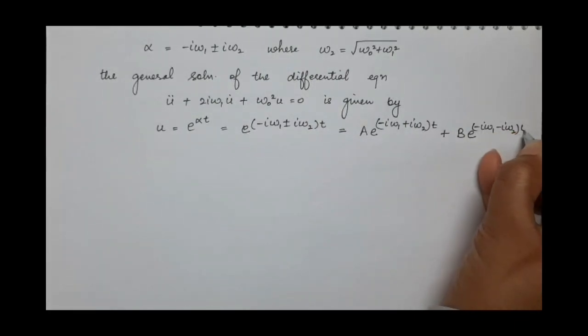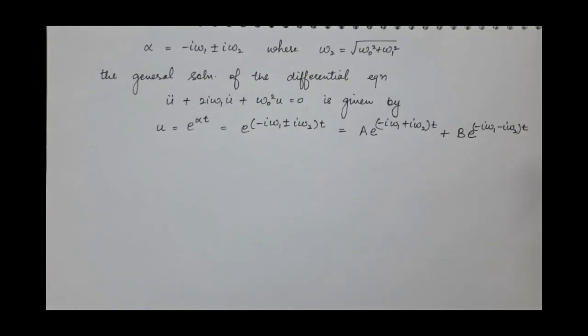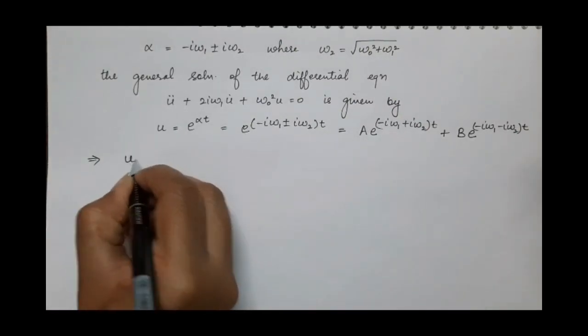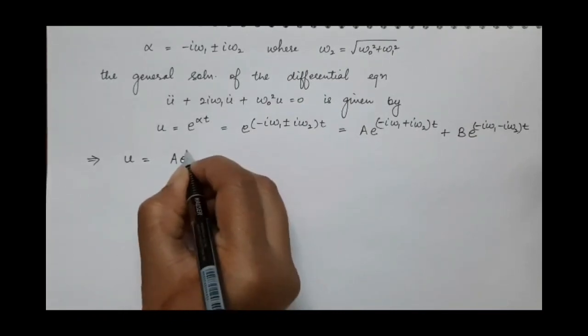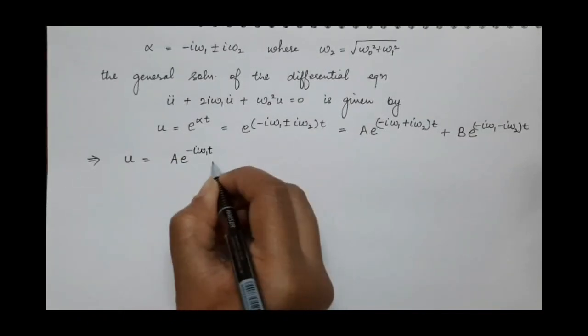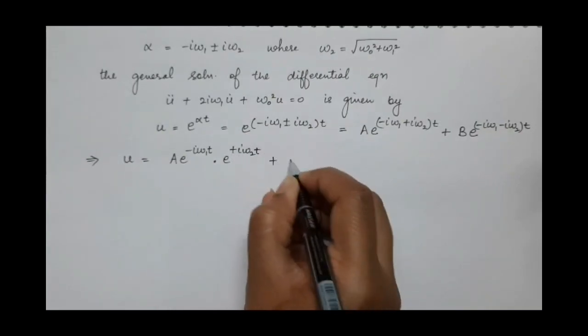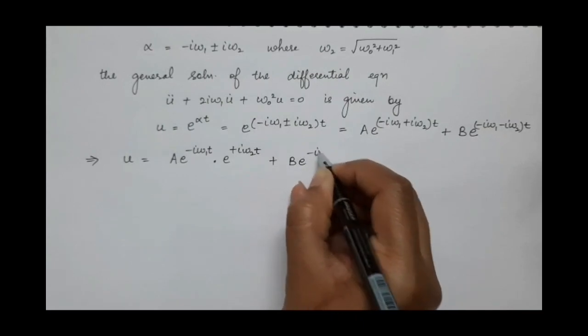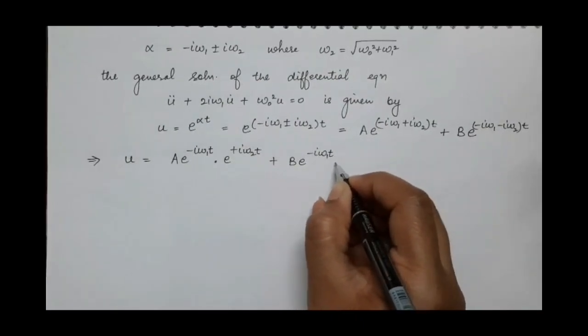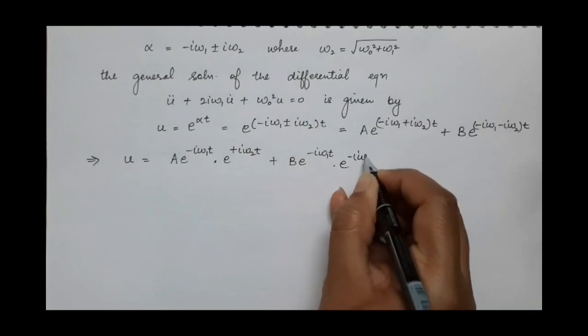This is the same way you have written the linear combination of two solutions in the solution of the simple harmonic equation in case of pendulum in waves and vibrations. So it will become u is equal to a e raised to power minus iota omega 1t into e raised to power plus iota omega 2t, plus b e raised to power minus iota omega 1t into e raised to power minus iota omega 2t.